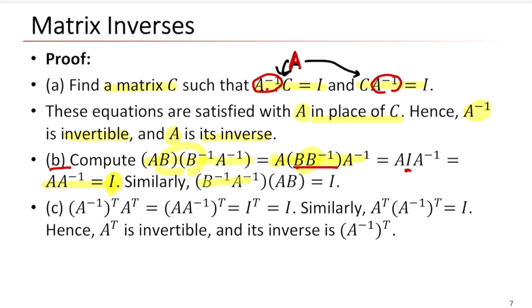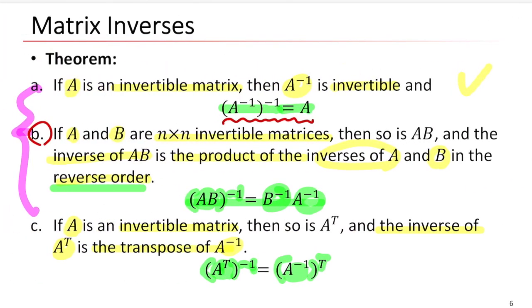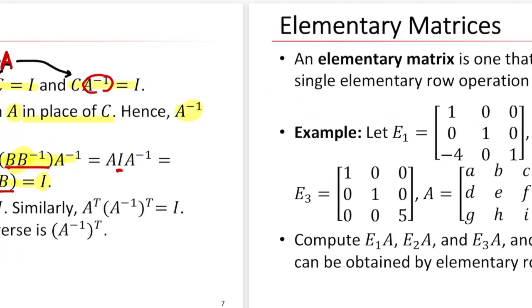Similarly, this term can be derived as the identity matrix I. So it means that this is the inverse of this one, and this term is the inverse of this one. So this is the proof of this term.